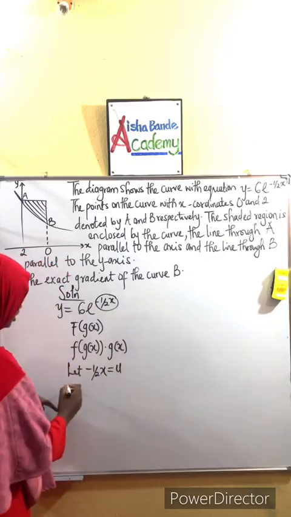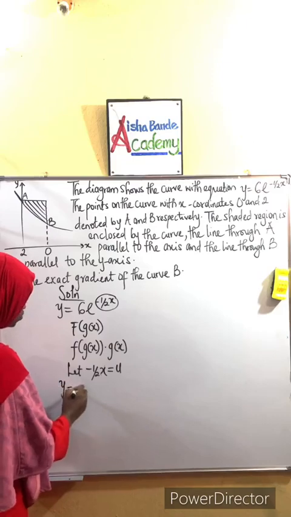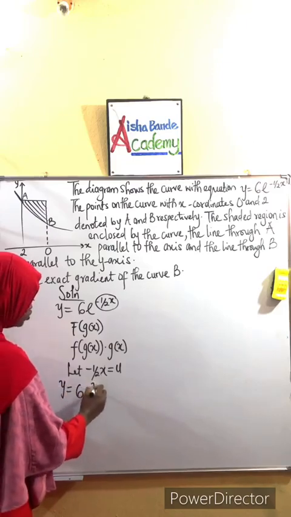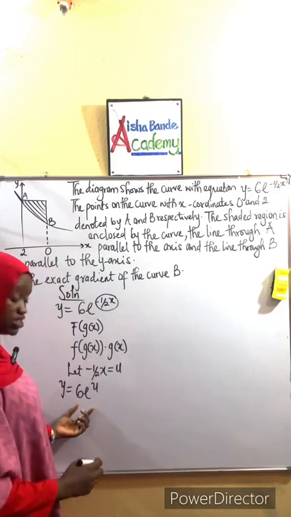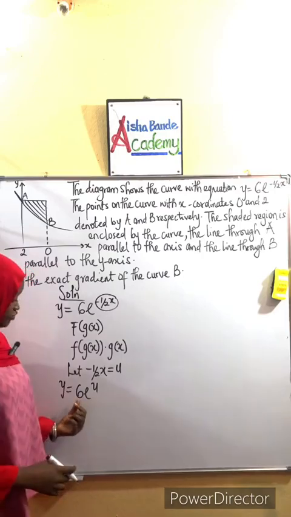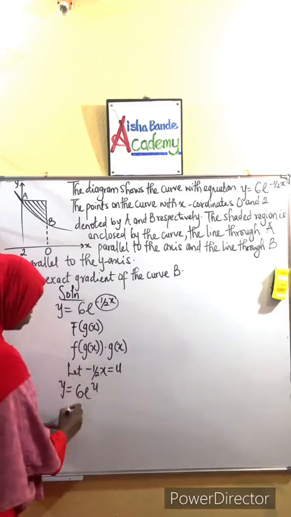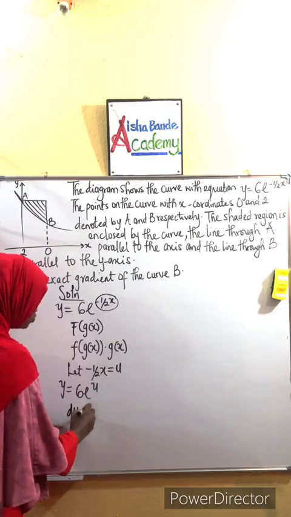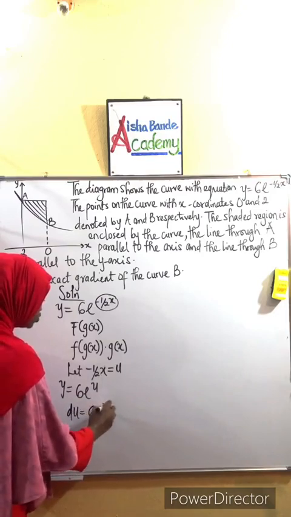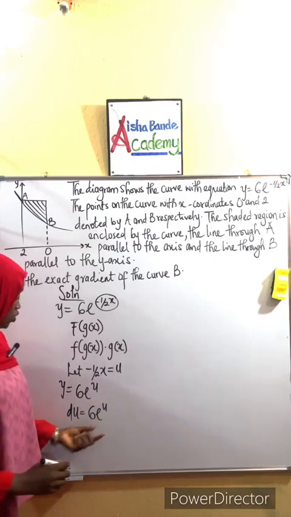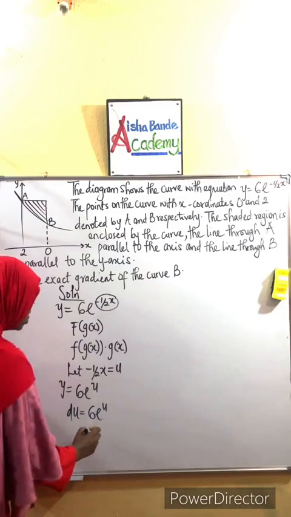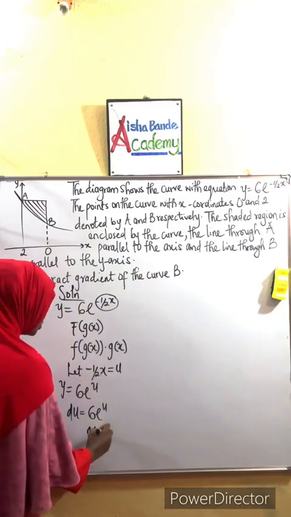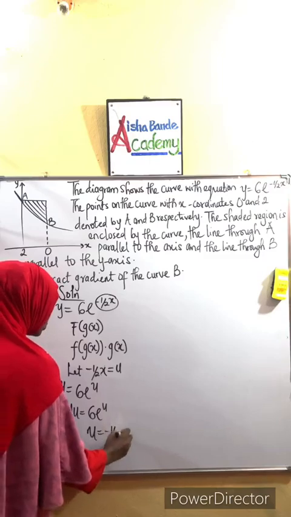So from here we have that y equals 6e raised to the power of u. Now let's differentiate this. We are going to have the derivative of 6e raised to the power of u with respect to u, which is still 6e raised to the power of u. Then let's multiply by the derivative of the inner function, which is u equals minus 1 over 2x.